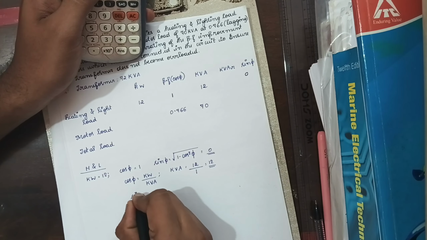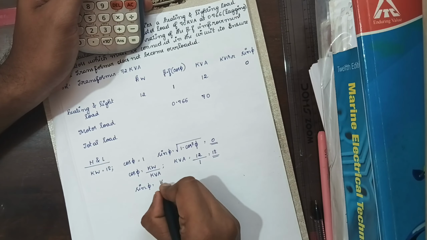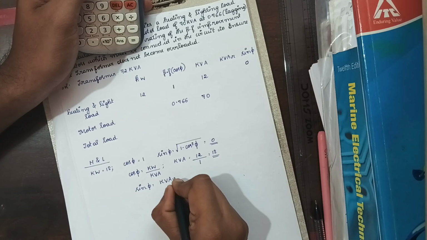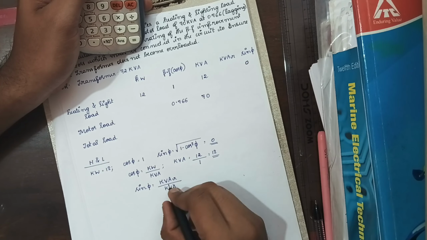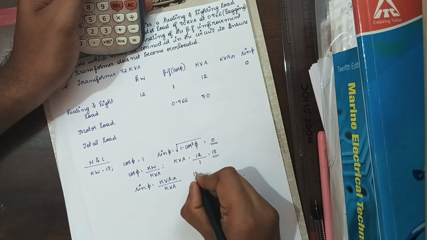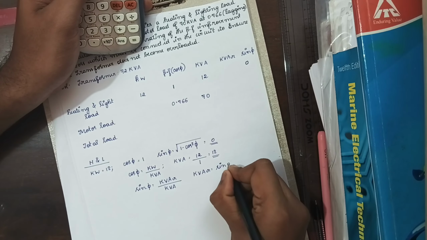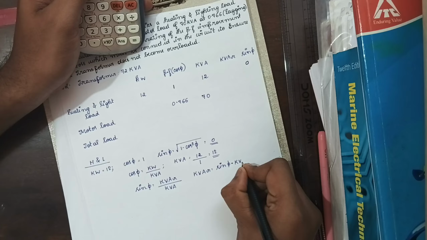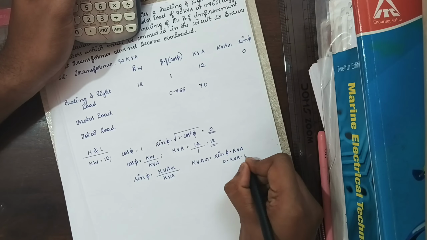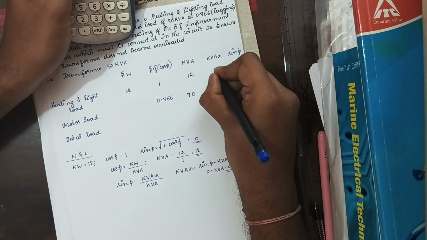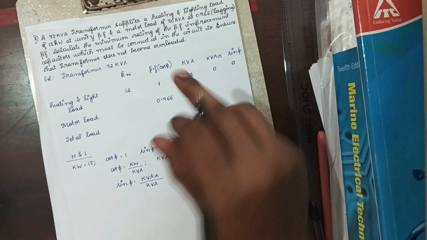We know that sin phi is equal to kVAR divided by kVA, so kVAR is equal to sin phi into kVA. We know that sin phi is 0, so 0 into kVA is equal to 0. So kVAR is 0.